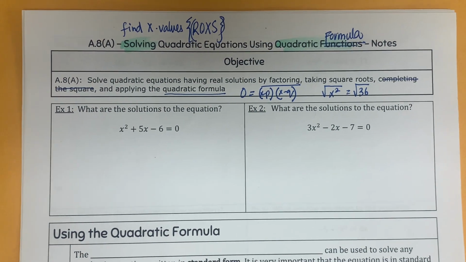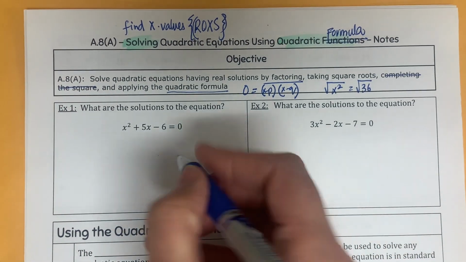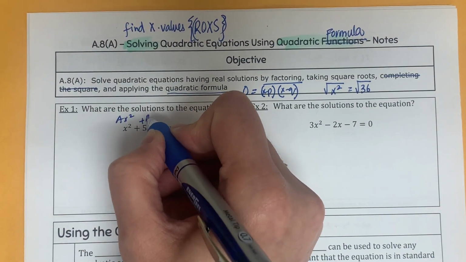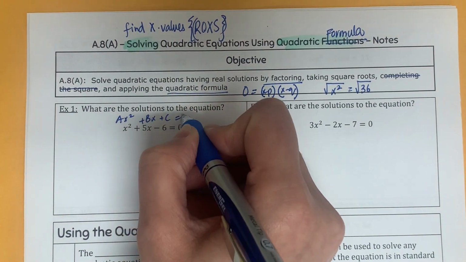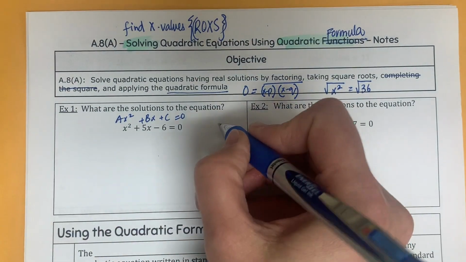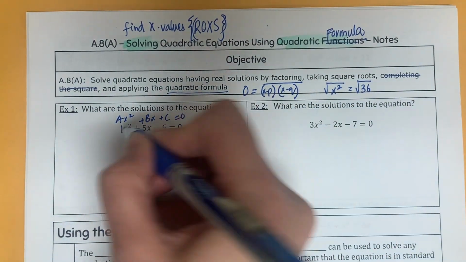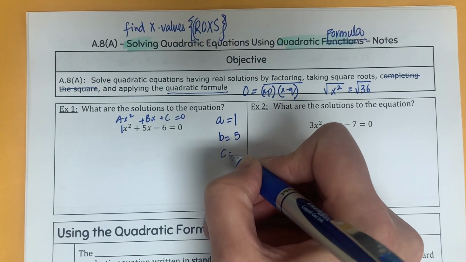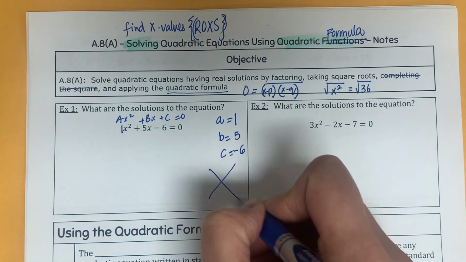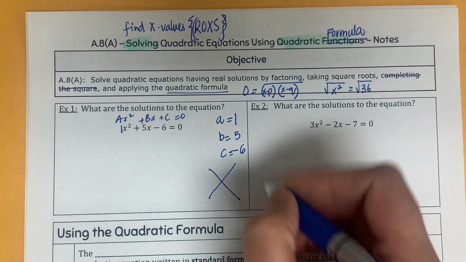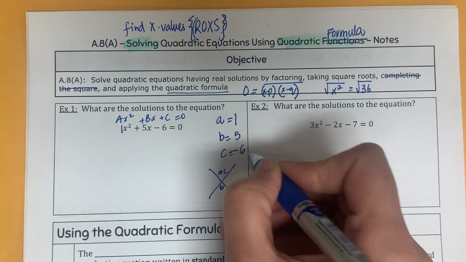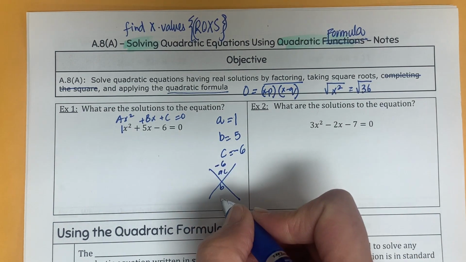All right, so what are the solutions of the equation? I have a quadratic equation, ax squared plus bx plus c equals 0, where a is 1, b is positive 5, and c is negative 6. I am going to use the x puzzle. C goes on the top, b goes at the bottom. 1 times negative 6 is negative 6, and b is 5.